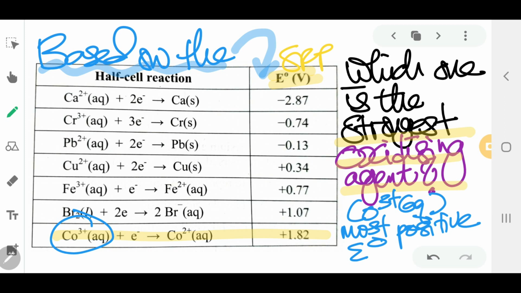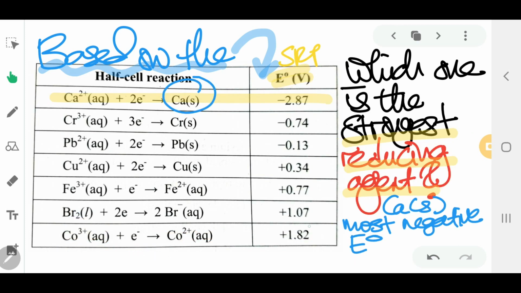Remember, the oxidizing agent will be the one getting reduced, at the cathode. Between Co2+ and Co3+, which one is getting the electron? Co3+ is getting the electron, so that's why this one is going to be the oxidizing agent. You're not going to write Co2+ because it is losing the electrons.